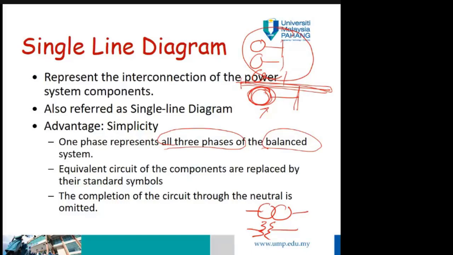So we can simplify the three phases by using single phase, the simplicity. So the completion of the circuit through the neutral is omitted. Let's say we have the same circuit. So we can omit the neutral line connection. We just draw like this single line diagram. We don't have to draw the neutral line.